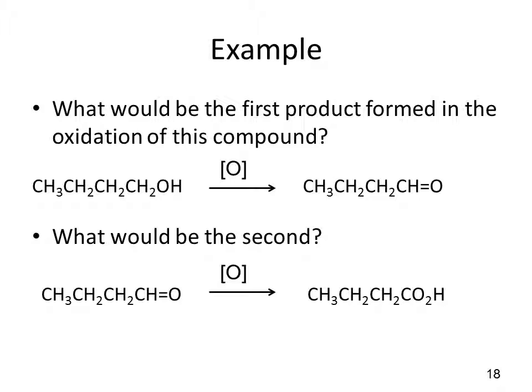That will form a carbonyl there. So the first product is the aldehyde shown there, the 4-carbon aldehyde. That product would be oxidized and would then form a carboxylic acid. So the aldehyde would then be converted to a carboxylic acid.